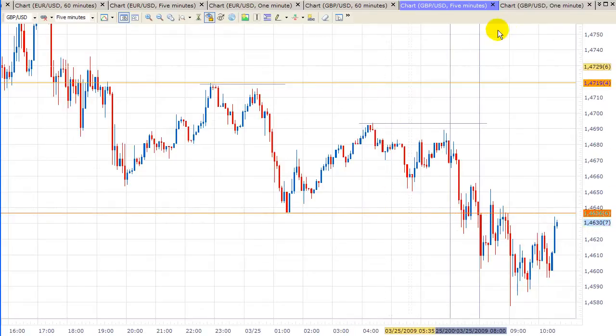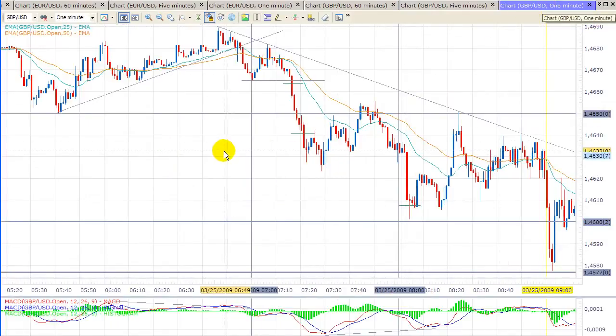Okay, we are gonna zoom in now to the 1-minute chart just to see how the price action took place. Alright, we've got here two vertical lines. This over here is the Frankfurt Open at 7 o'clock GMT, and this one is London Open at 8 o'clock GMT.